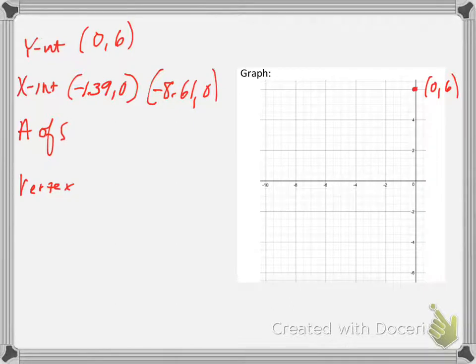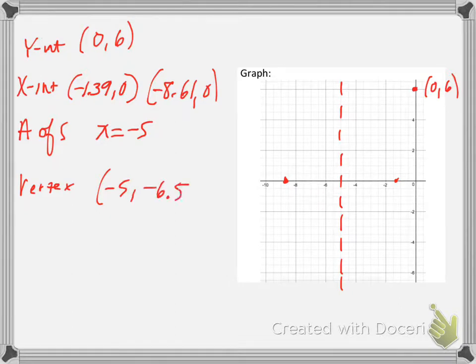On my graph, I'm going to have to estimate. I believe that is about negative 8.61, and negative 1.39 would be somewhere over there. My axis of symmetry was x equals negative 5, so I'm going to sketch in a vertical line at negative 5. And then my vertex was the point negative 5, comma, negative 6.5.